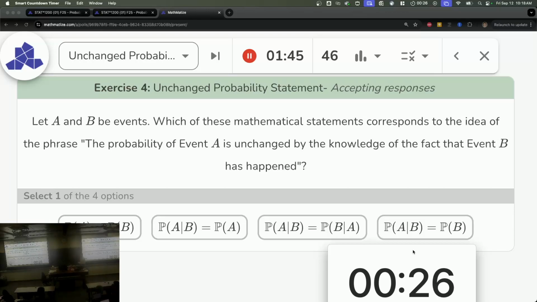Which of these means the probability of the event A is unchanged when you know that the event B has happened?